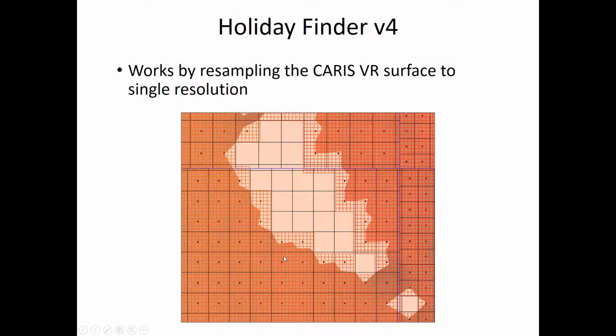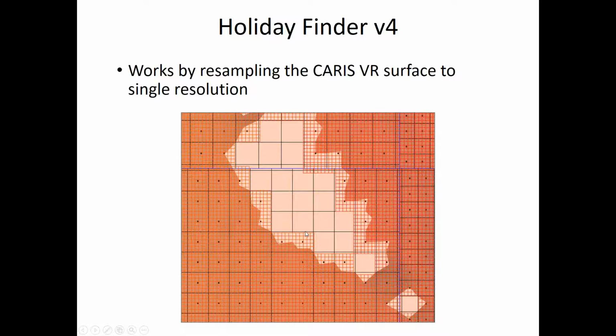So what you see here in this image, in the black, you could see the VR surface. The blue is the tile outline. You could see the actual cells themselves and the grid nodes in black. So you see here a tile boundary with areas of different resolution, and superimposed on this is a much finer single resolution grid. And you could see anywhere that you have data, it's just being resampled to that.